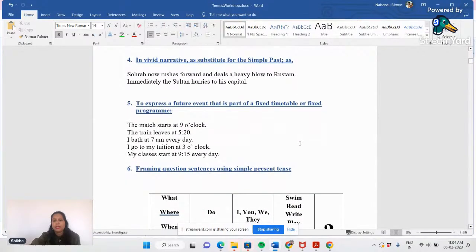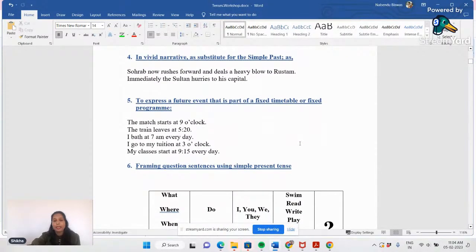Apart from this, when we narrate some situation, that time also we use simple present tense. Now here there is a condition, that is totally dependent on the narrator, which kind of tense he is going to use, whether simple present tense or simple past tense.